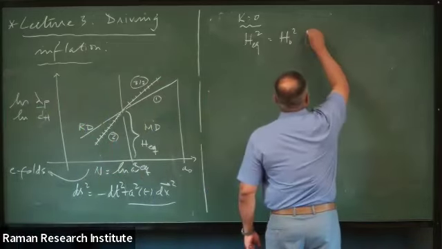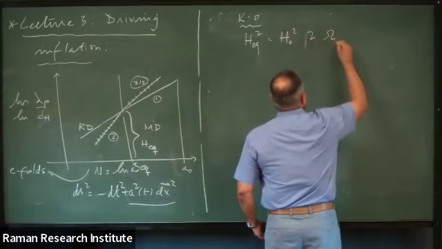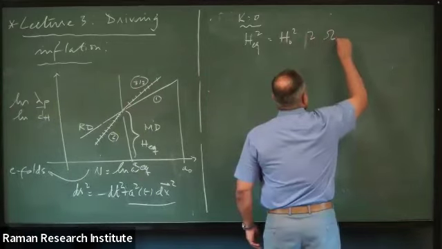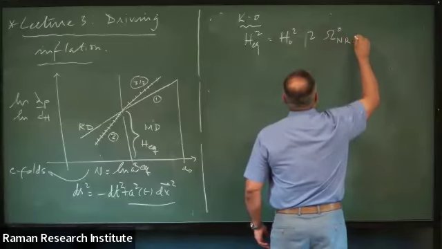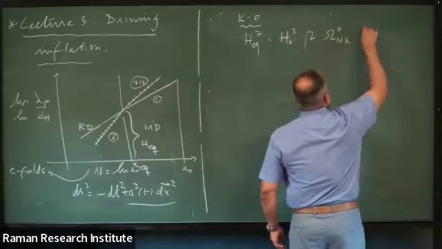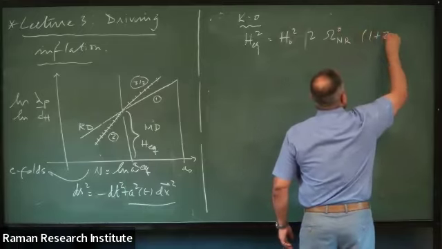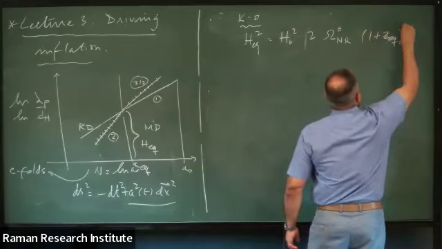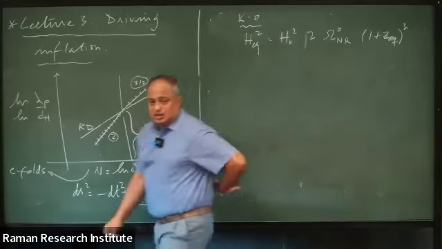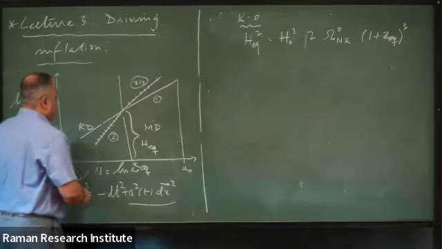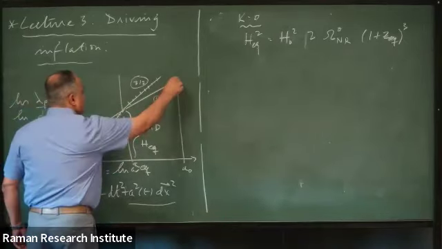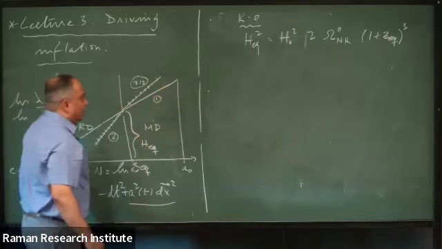So what do you have? You have 2 omega_nr naught, I hope this is what it is, times (1 plus z_eq) to the power 3. Is that correct? This is what H equality is. And what I need to do is evaluate this today. All right?